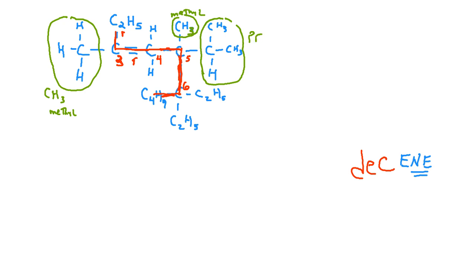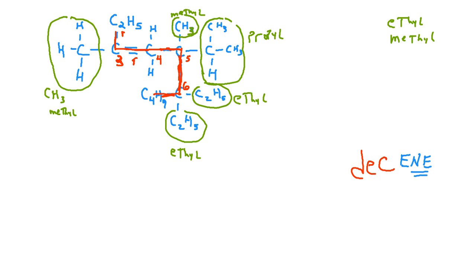This is not part of the chain. This is ethyl. And this is not part of the chain either, is it? That's another ethyl. Okay. So again, we have an ethyl comes first. Then we'd put our methyl. And then finally, we put the propyl. This is alphabetical order, right?